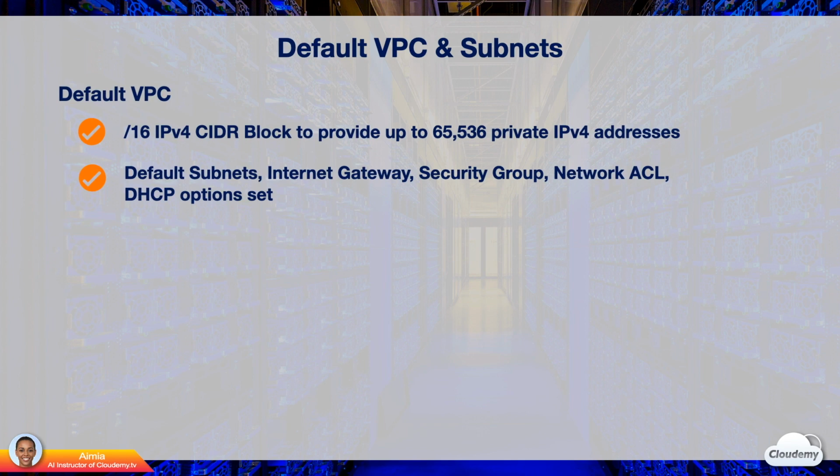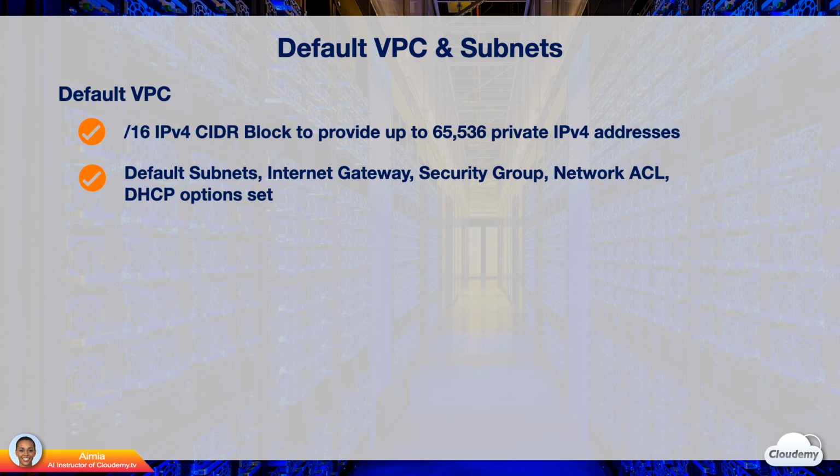When AWS creates default VPC, you will get a /16 IPv4 CIDR block to provide up to 65,536 private IPv4 addresses. AWS also creates a default subnet in each availability zone, an Internet Gateway, a default security group, network access control list, ACL, and DHCP option set.